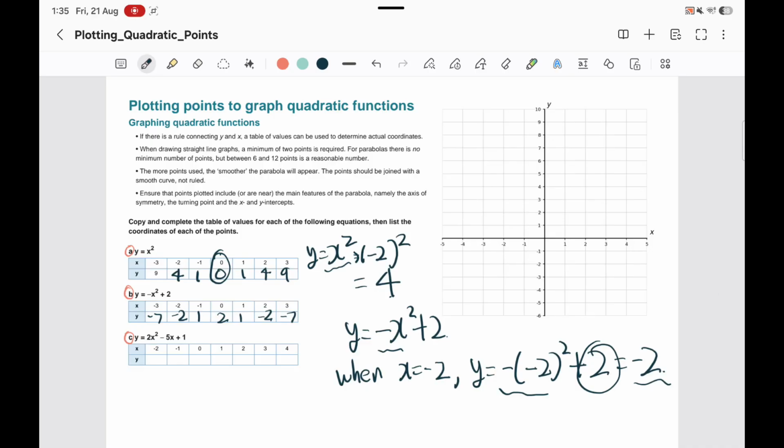Let's bring back this y equals x squared.